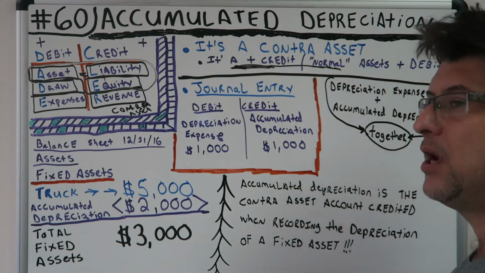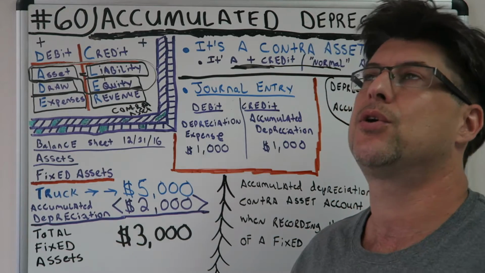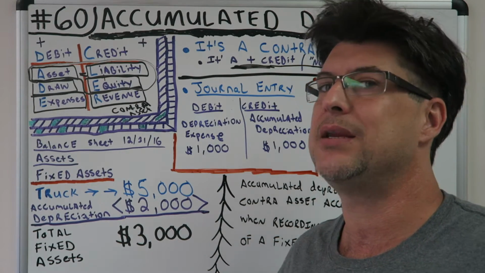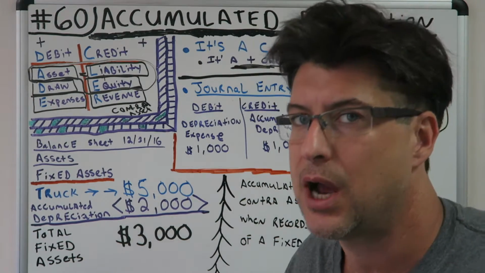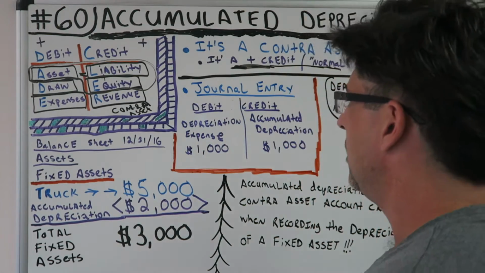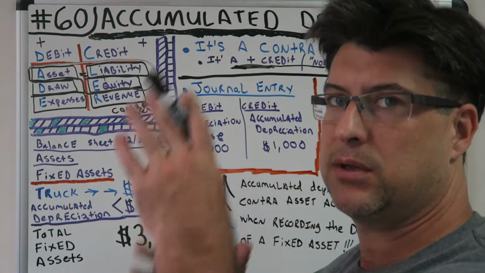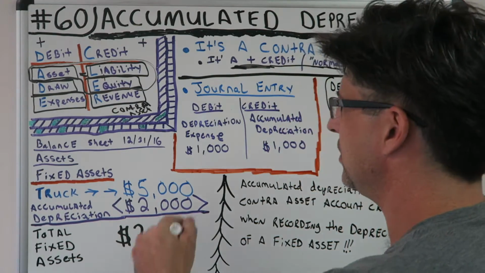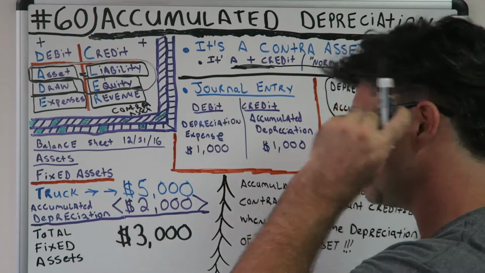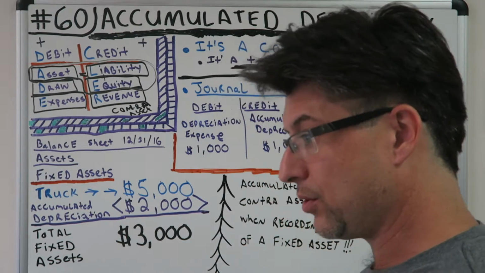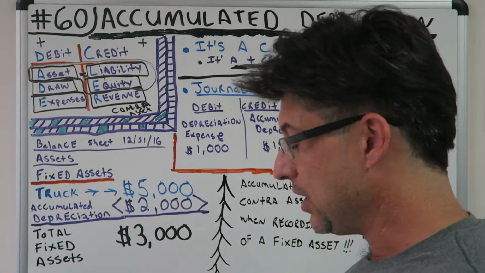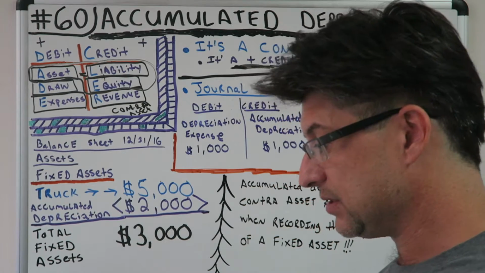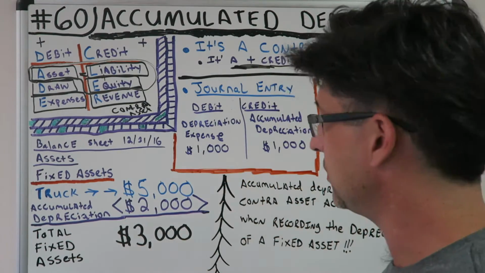The journal entry. I believe, unless you have some corrective entry, 99.9 percent of the time, and I'm going to go out on a limb here, and if I'm wrong, let me know if you can think of an occurrence, not a correction or whatever, this is going to be your journal entry. If you have depreciation or accumulated depreciation and you don't know anything, this is going to be the journal entry.